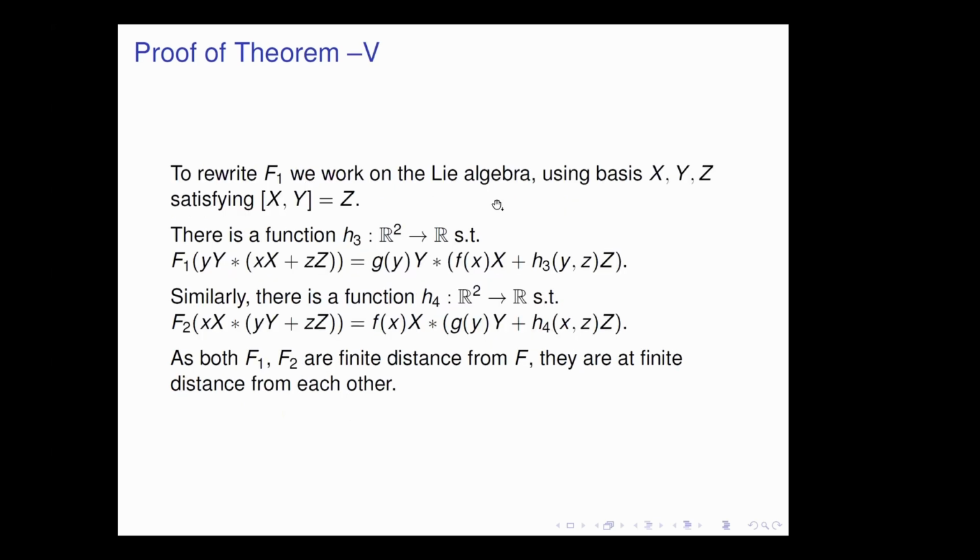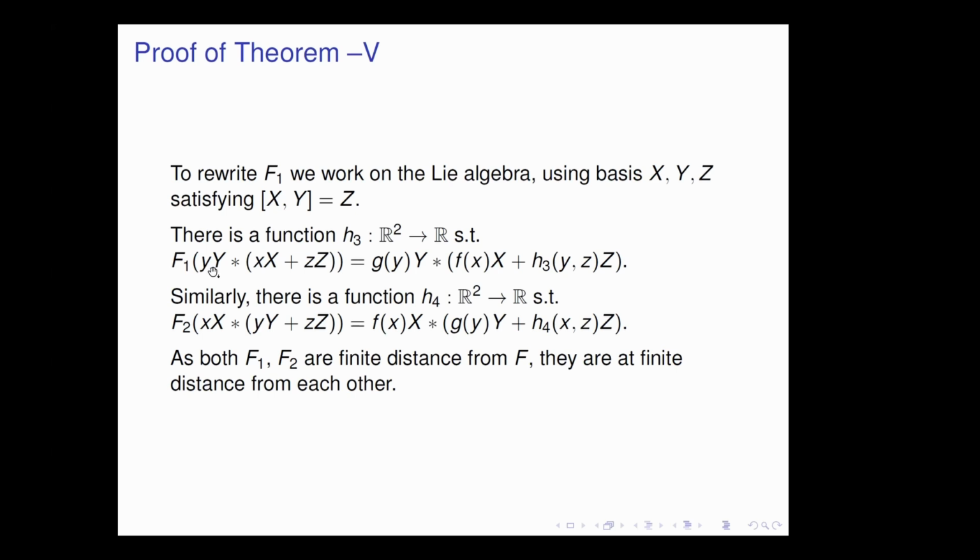Okay, so for this, we work on the algebra using the usual basis x, y, z for the Heisenberg algebra, which satisfies the bracket relation that the bracket of x and y equals z. So now we write the map F1 like this. We consider a point written as a point in the y-axis times a point in the xz plane.